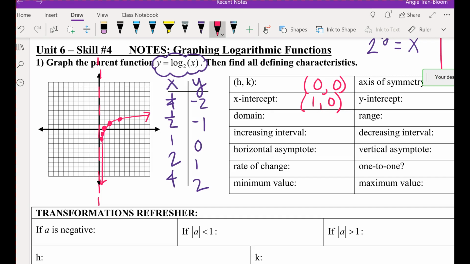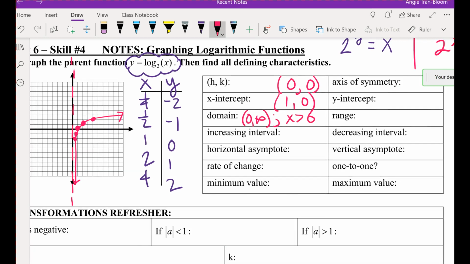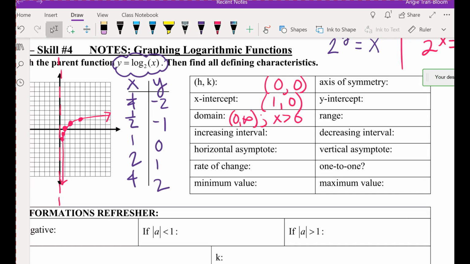No. 0 and above, non-inclusive. 0 to infinity. You can even write x is bigger than 0. Increasing or decreasing? Increasing. You're right. From 0 to infinity. That means decreasing is none.